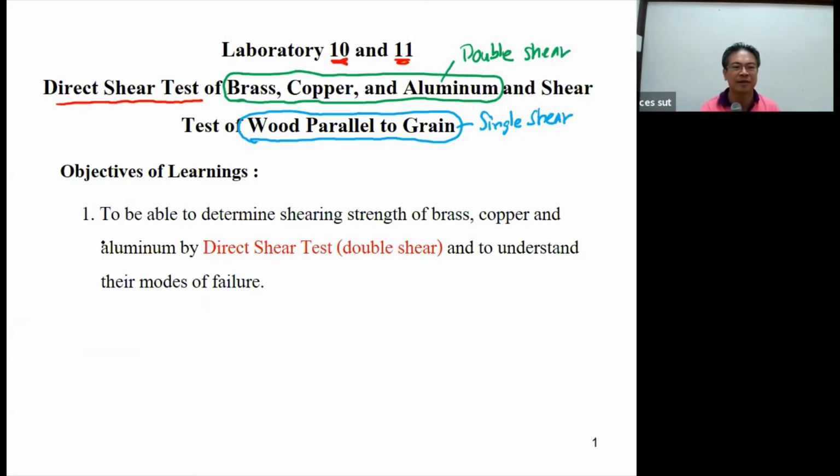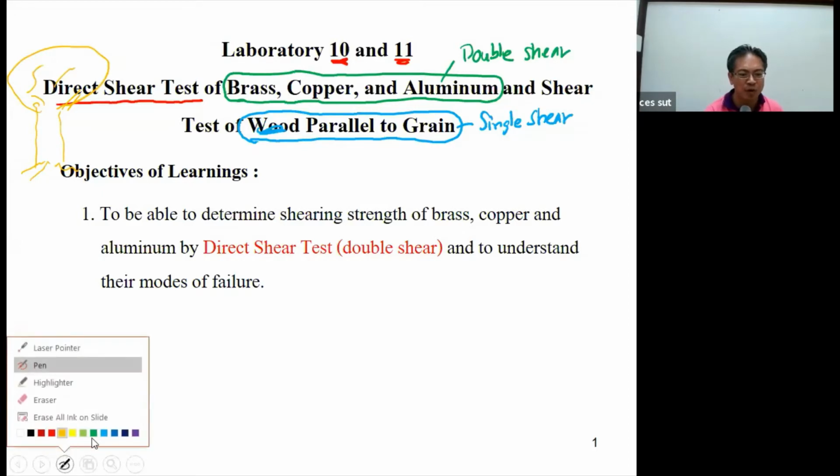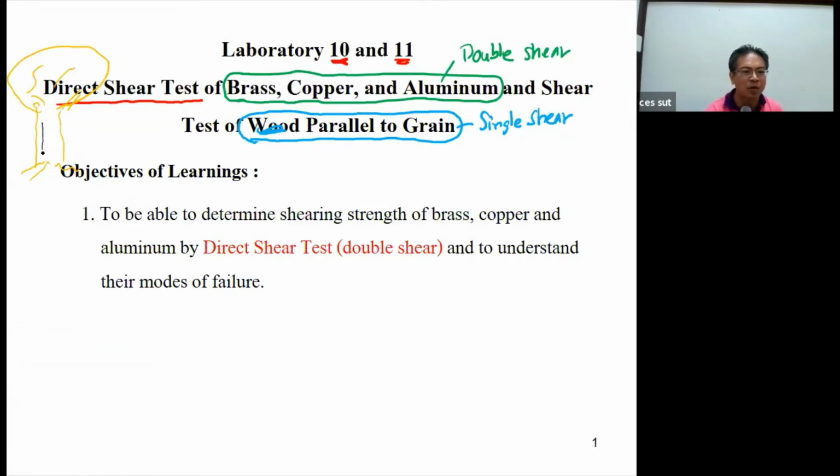I will first start by talking about the wood. Okay, the wood will have the grain of the wood parallel to the height of the wood.